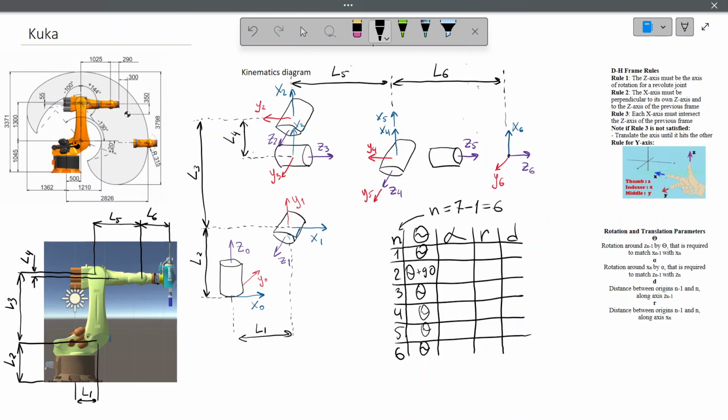So we need to rotate now around the current x, which is x1, to match the previous z with the current z. So if we redraw z0 here, again we take a look from here and rotate counterclockwise to match these two. So it will be 90 degrees. Here we write 90.